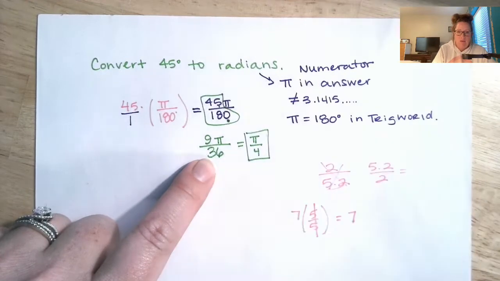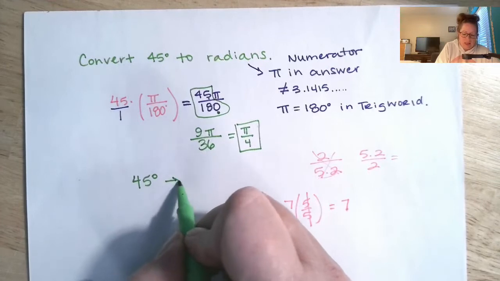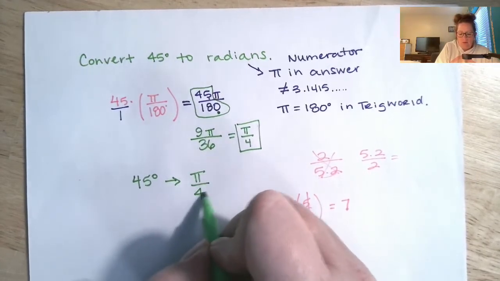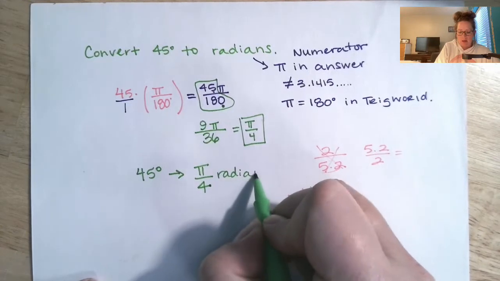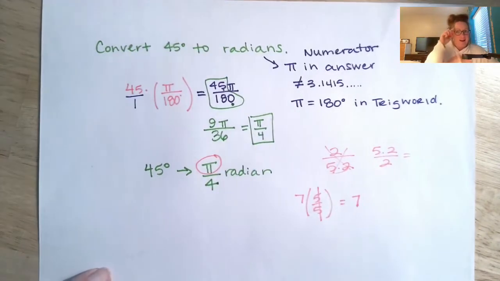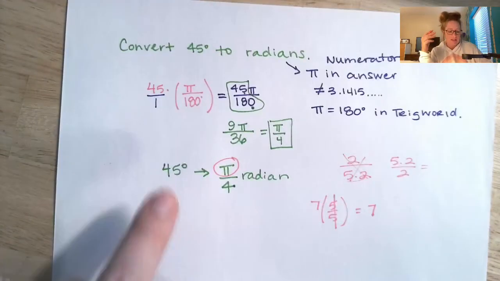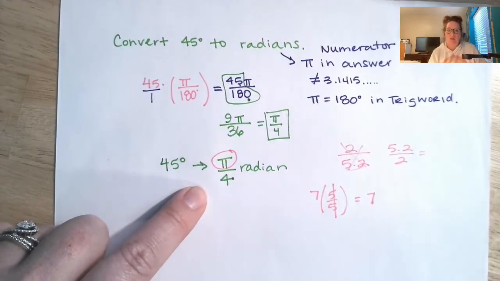So we get pi over 4. So 45 degrees is equal to pi over 4 radians. And you can put a radian in there if you want. But because we have a pi in there, it automatically tells us radians. That's the unit, just like degrees here is radians. So you don't need to put the radian piece in there.